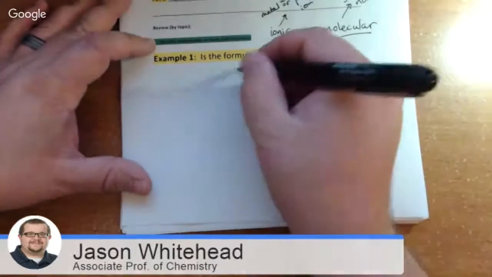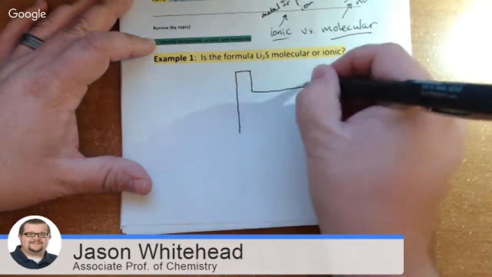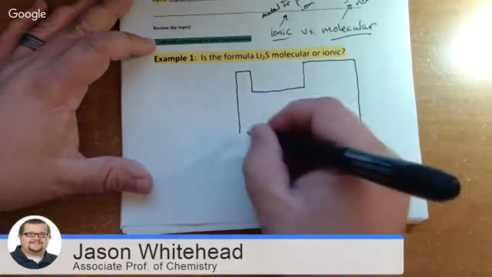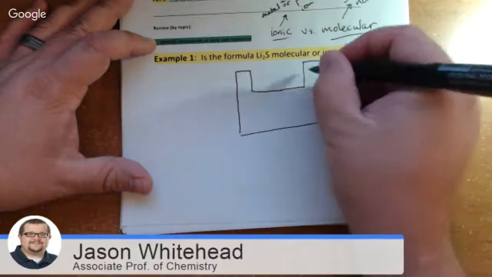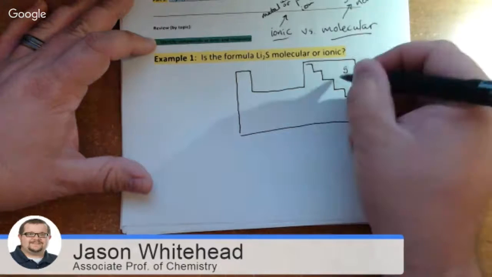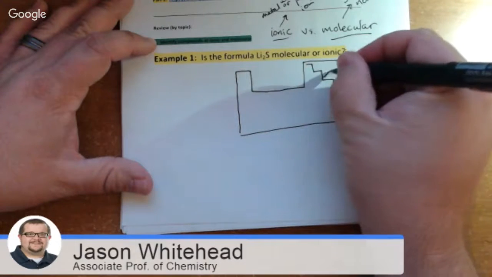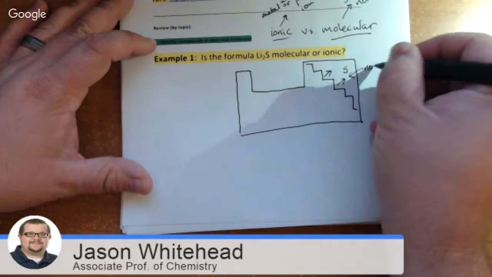So let's look at the periodic table. Just roughing it out here. S is up here. Here's your stair step. Anything that's on the upper right-hand side of the stair step, these are all your nonmetals.